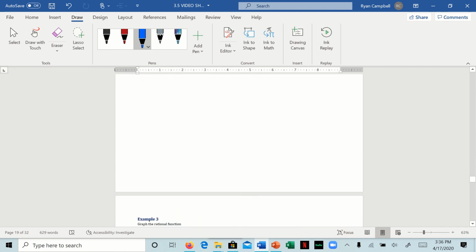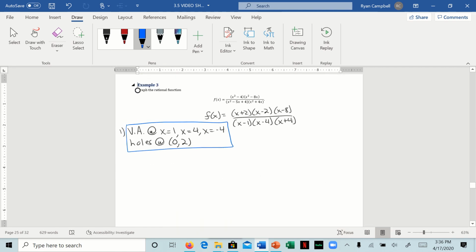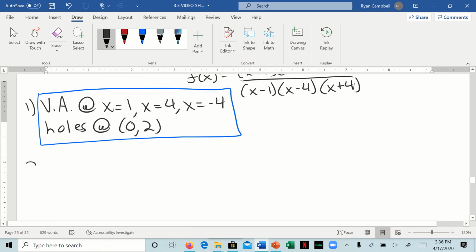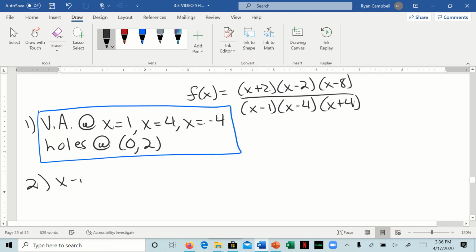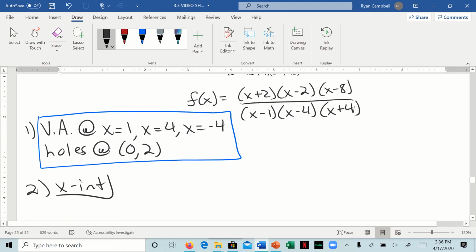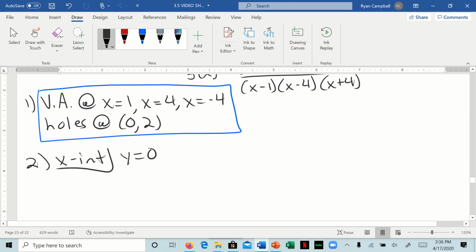Okay. So, going back to this one. Number 2. So, for number 2, x-intercepts. So, we let y equal 0, and then solve.